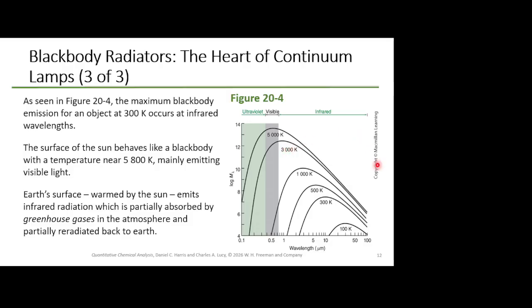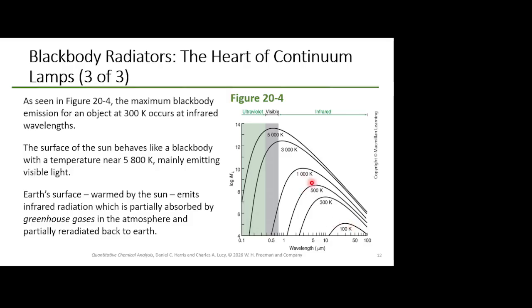But instead, it's around 300K, so infrared is the majority. Notice if you're down at 100K, if we were much colder, we would actually have a lot of microwave radiation coming back out. And so our greenhouse gases would be the ones that absorb in the microwave better.